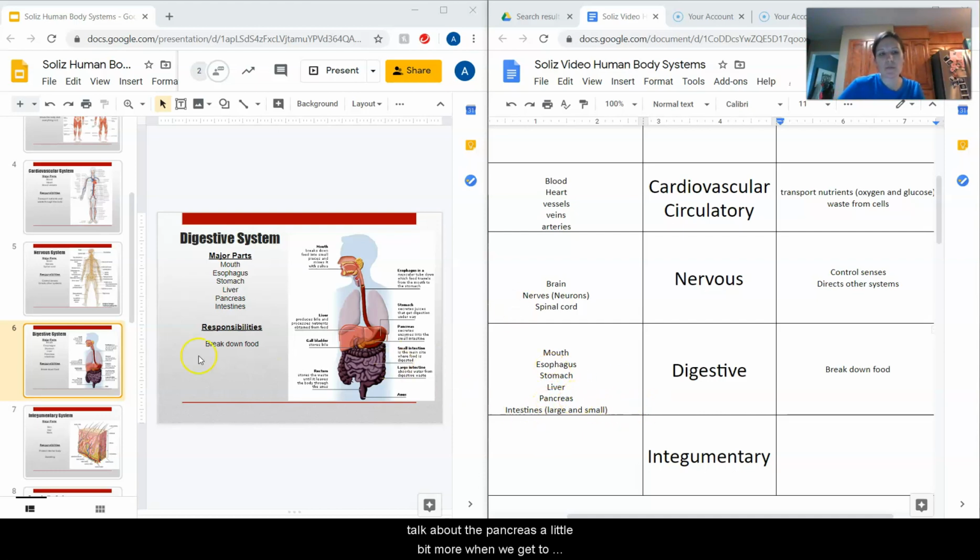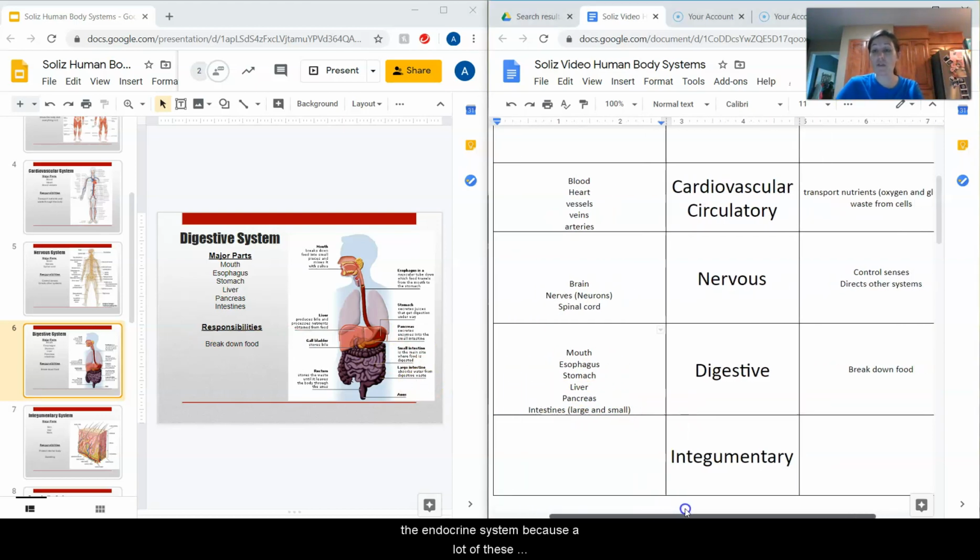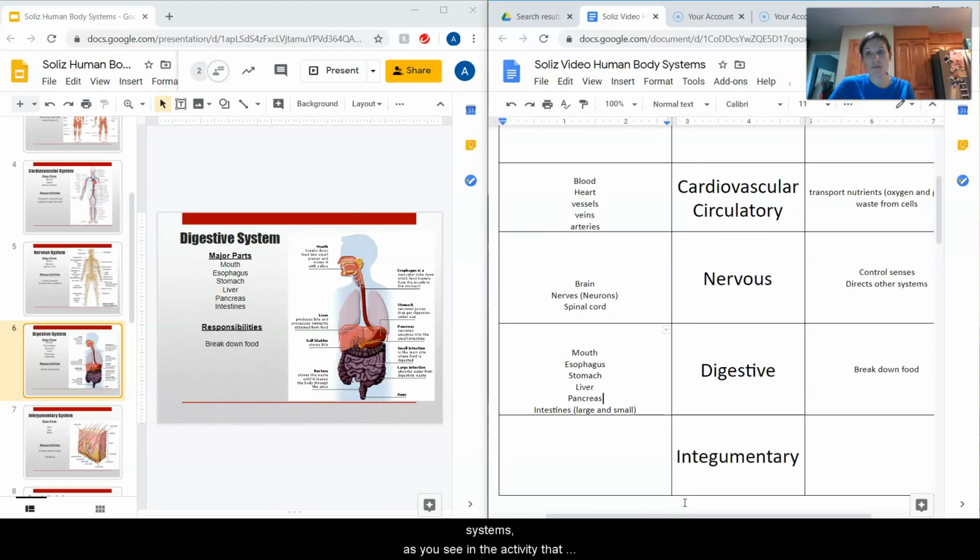We'll talk about the pancreas a little bit more when we get to the endocrine system, because a lot of these systems, as you see in the scenario activity you're going to be doing, have to work together. So kind of like your skeletal and muscular systems work together to help you move, your pancreas is part of the endocrine system as well as the digestive system to help you break down glucose.